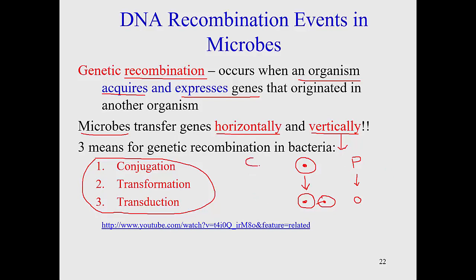Bacteria, so I'm drawing a bacteria here, no nucleus, can also do that: parent bacteria makes two baby bacteria. So it can also go parent to offspring, parent to offspring, going vertical. But they can also do horizontal, as you have seen before.